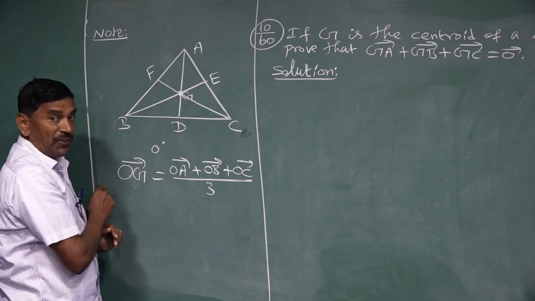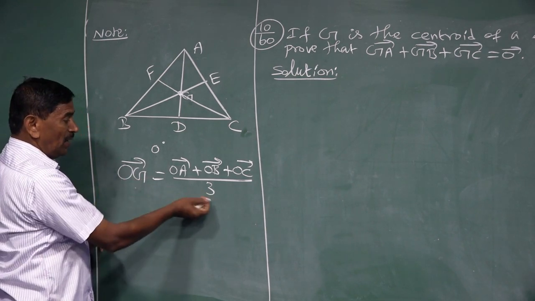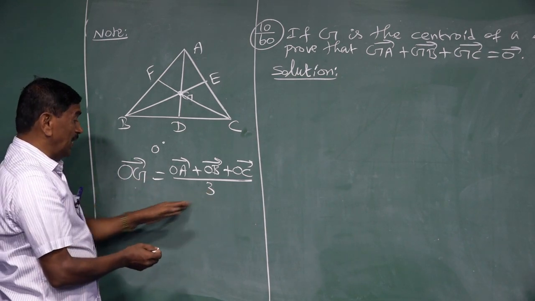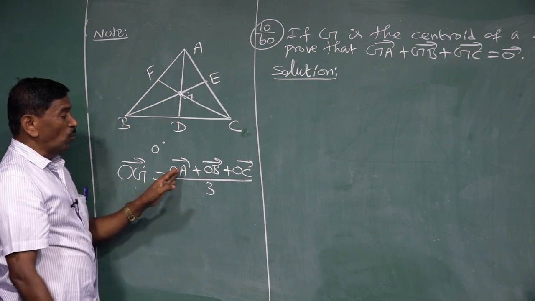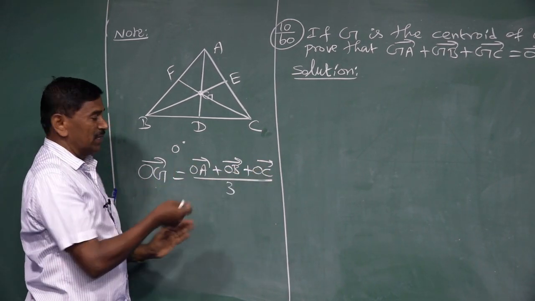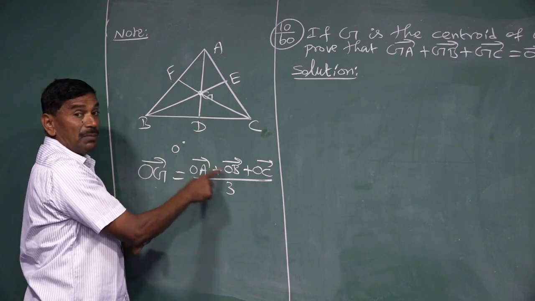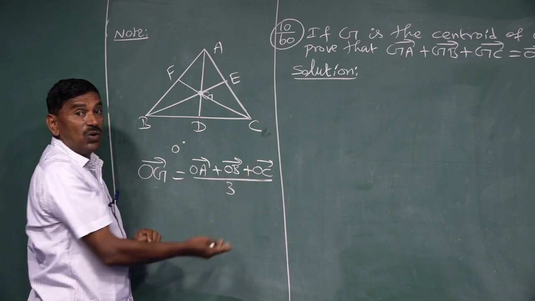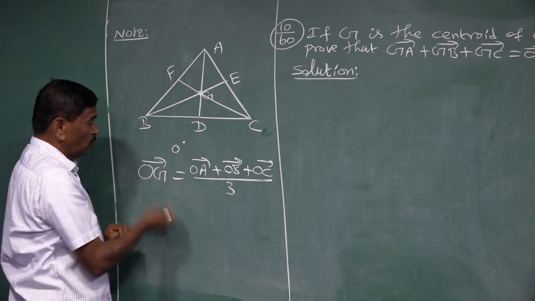Now, cross multiply for our convenience. On cross multiplying, 3 times OG vector equal to OA vector plus OB vector plus OC vector. One can rewrite it also, correct. That is, OA vector plus OB vector plus OC vector equal to, yes, 3 into OG vector.